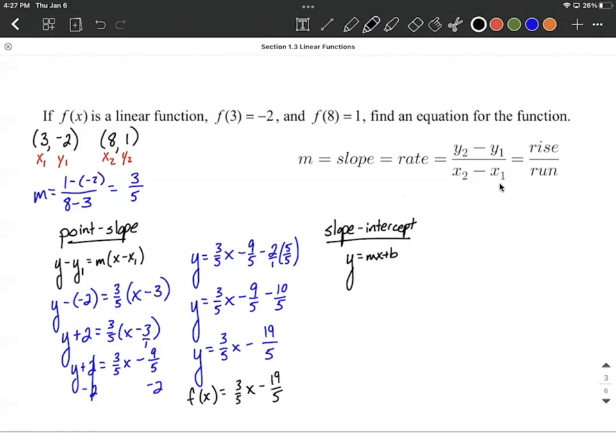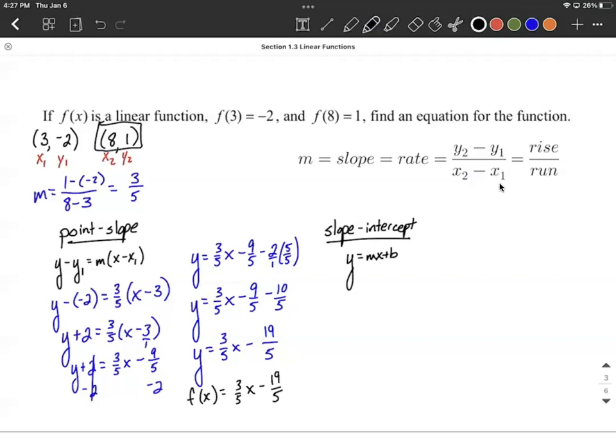Now, that may not be your favorite way to do it with the point slope form. I think a lot of students memorize the slope intercept form a little bit easier, y equals mx plus b. So let's see if we can fill in some information for that. What I'd do in this case is I would treat one of these ordered pairs as though it's an x value and a y value. So I'm going to go ahead and use the second ordered pair.